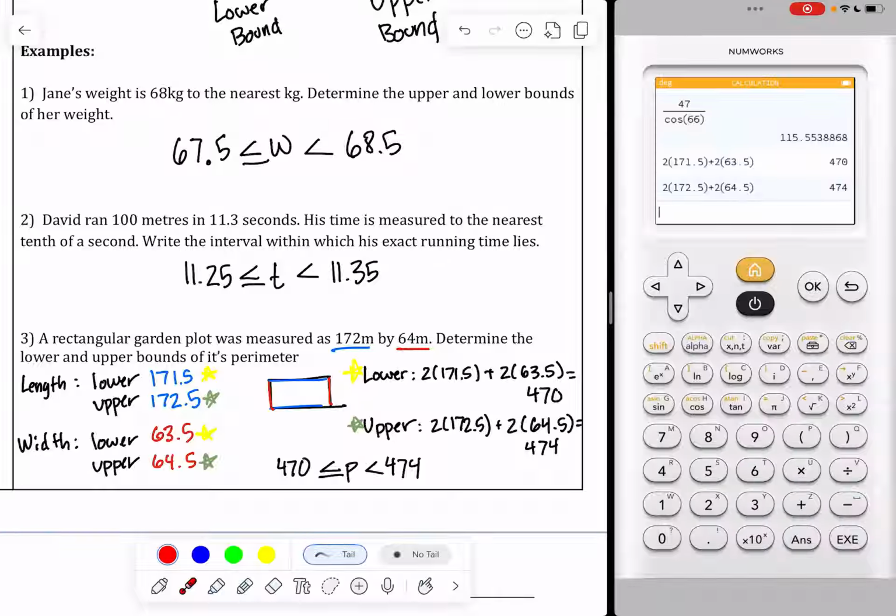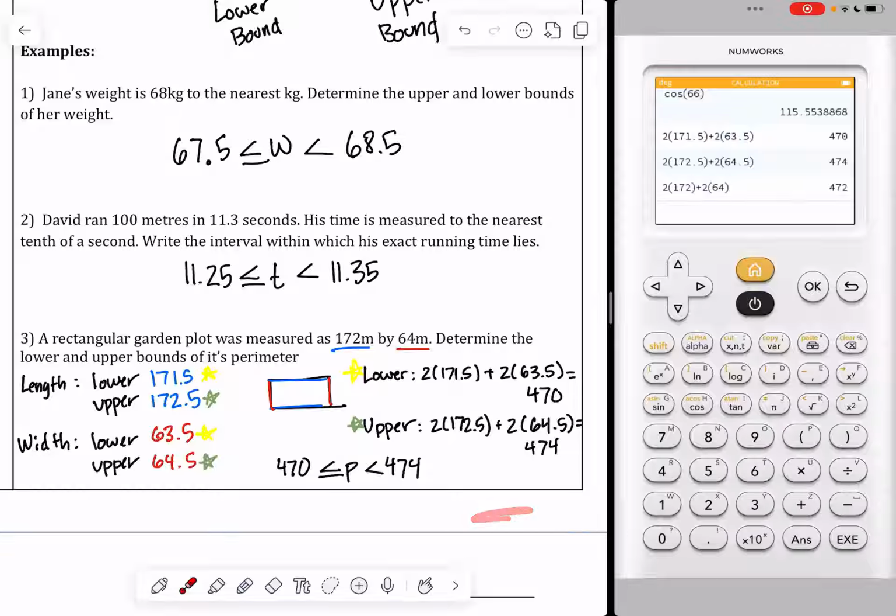For example, if I just did 2 times 172 and then added 2 times 64, so just finding the perimeter using the dimensions I was given, that would get me 472, which if I then found the upper and lower bounds for that, it would be 471.5 to 472.5, which is only a difference of 1.